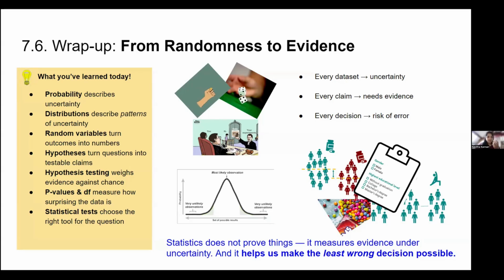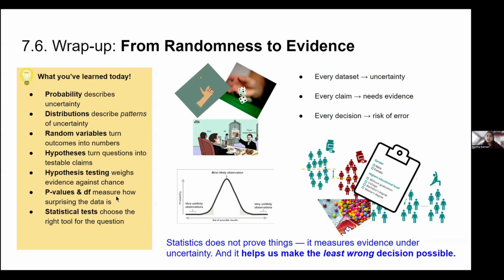With a hypothesis, you can test it, you weigh evidence against chance, like with this courtroom example we used several times. Most often when you are testing a hypothesis, that's when you're collecting your data and doing your tests, and then you get p-values and degrees of freedom, and you have the types of errors in mind.